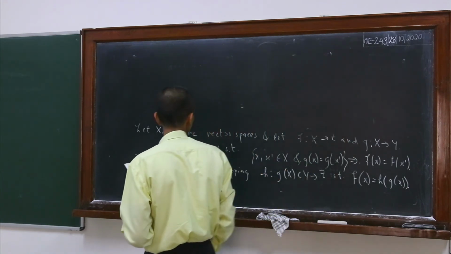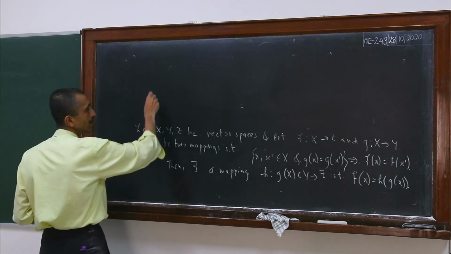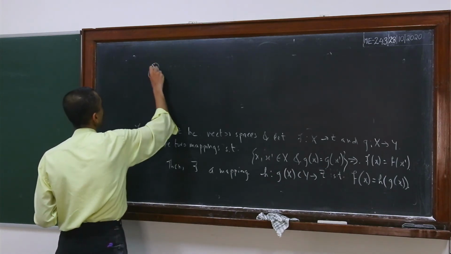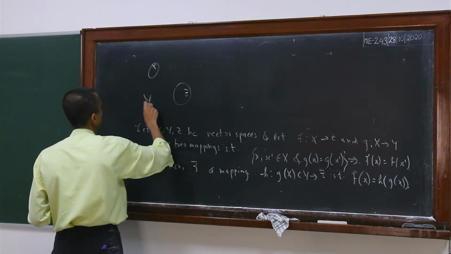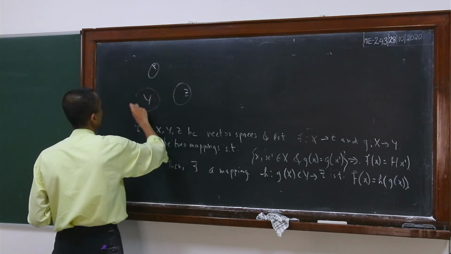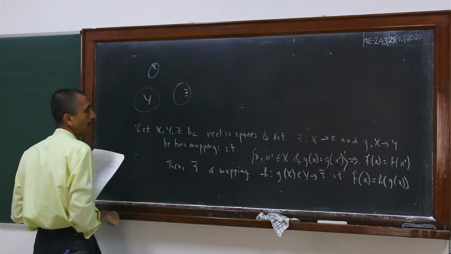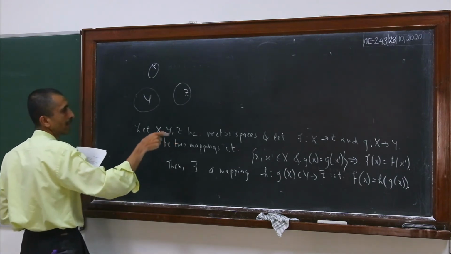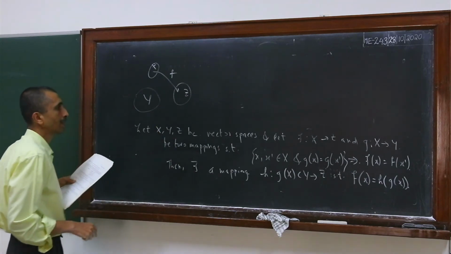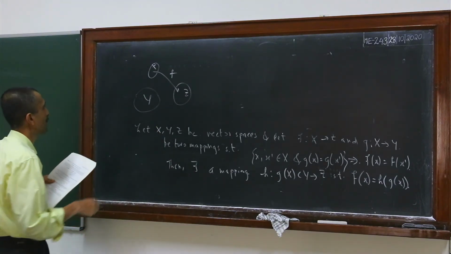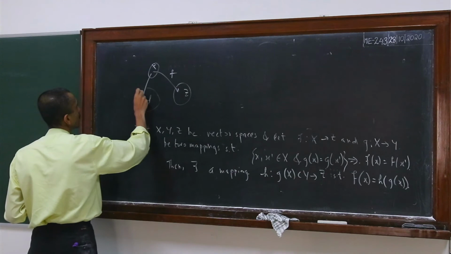So let us draw this. This is your X, this is your Z, and this is your Y, let us say. These are the three sets, and f is a mapping from X to Z, so f is this particular mapping here, and g is from X to Y, so this is your g.